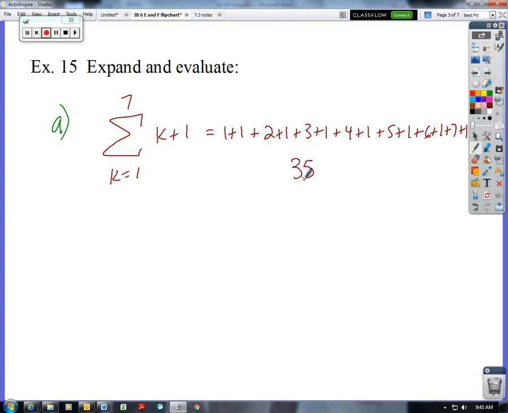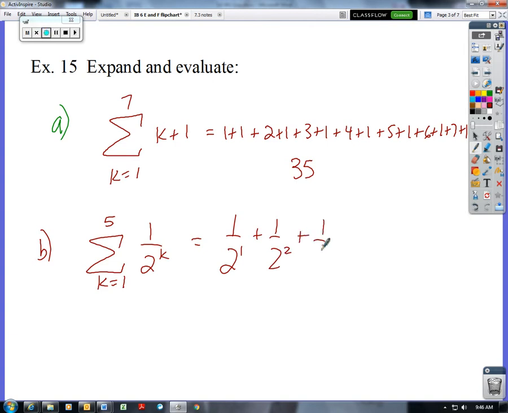Here's another one you can try on your own. So this one would be 1 over 2 to the 1 plus 1 over 2 squared plus 1 over 2 cubed plus 1 over 2 to the 4th plus 1 over 2 to the 5th.